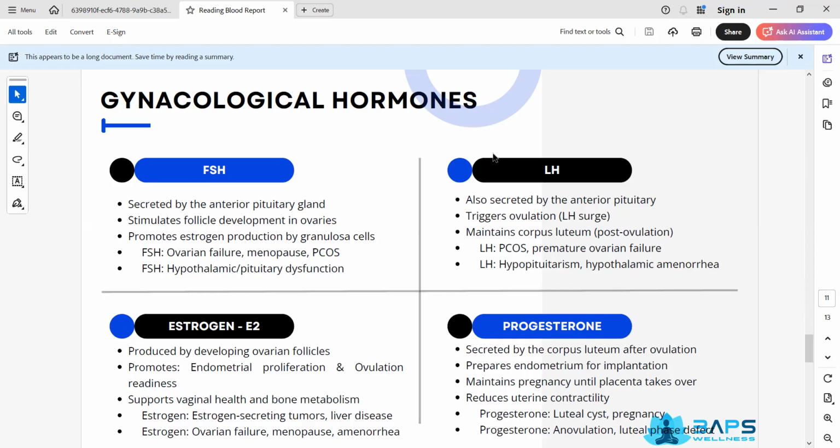Unless you know the nodes, SA node, AV node, how the electric signal is carried down, and accordingly the waves P, Q, R, S, T. If P is at this level and P to T up to this level, then exactly in the heart which area, whether it is at the AV node or SA node, or in the bundle of His fibers, without knowing all those things, you will not be in a position to correlate.